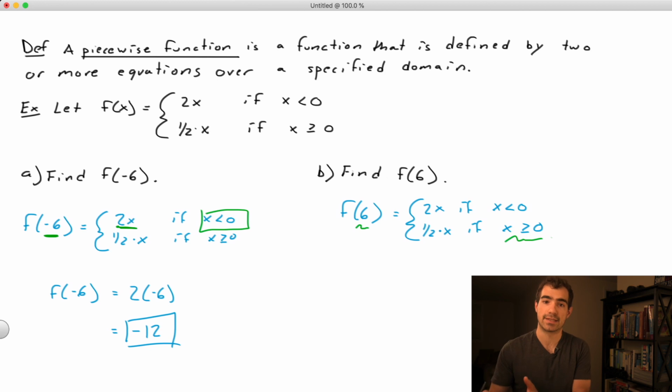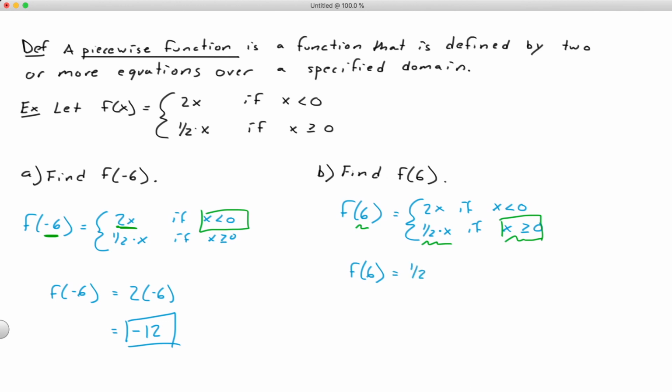It falls in that piece, in that part of the domain. And so we're going to use this equation here to evaluate and process the input. So f of +6 is going to equal 1/2 times x, or 1/2 times 6, which we can evaluate to be 3.